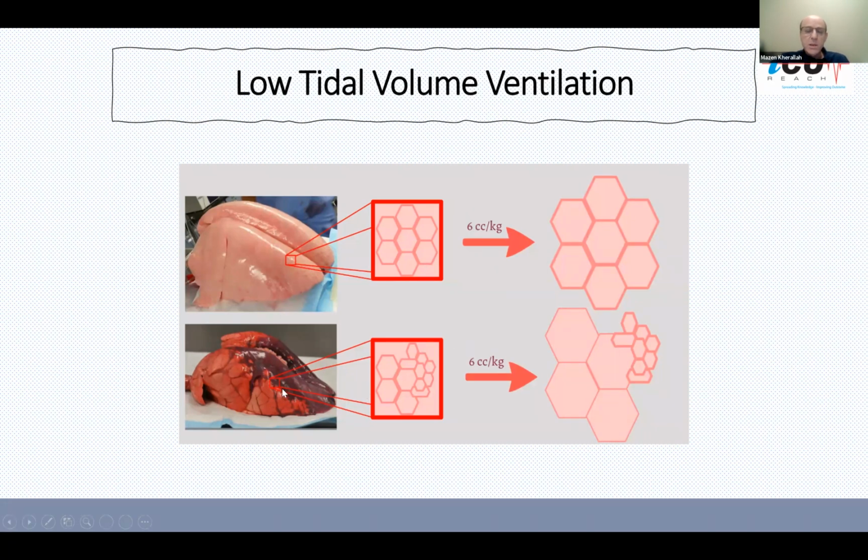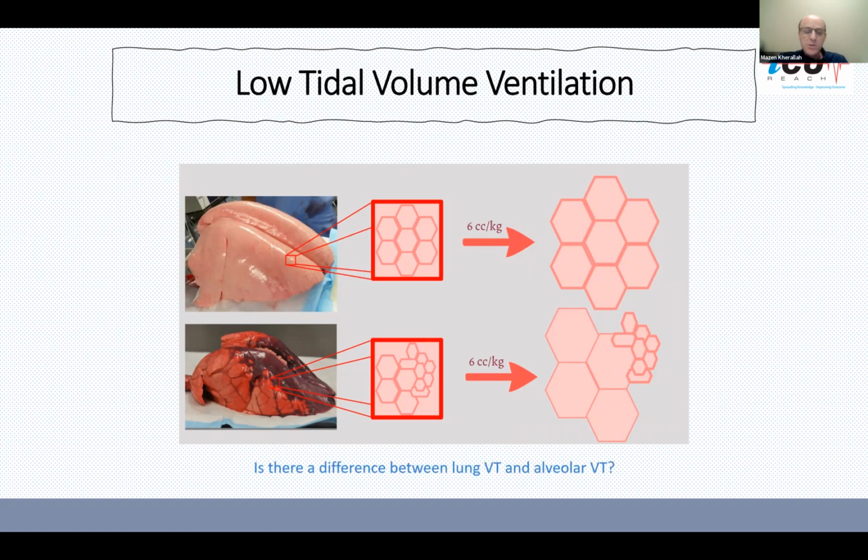However, in a diseased lung, in a baby lung of ARDS, the same tidal volume will go into the healthy alveoli and open them up more than the diseased alveoli. So you can see the same tidal volume can result in different effects on the alveoli.